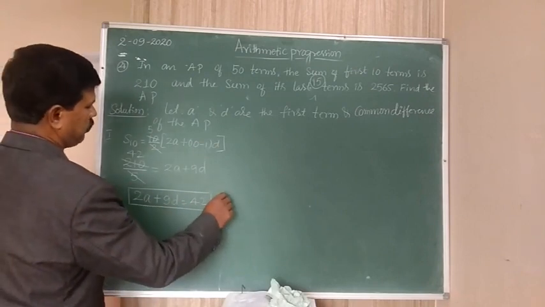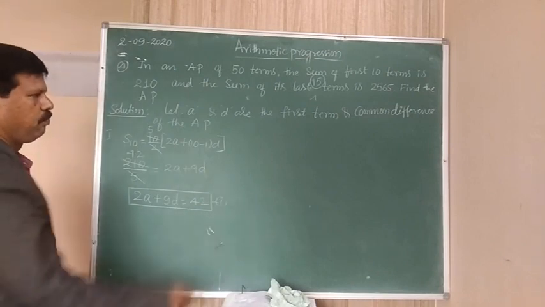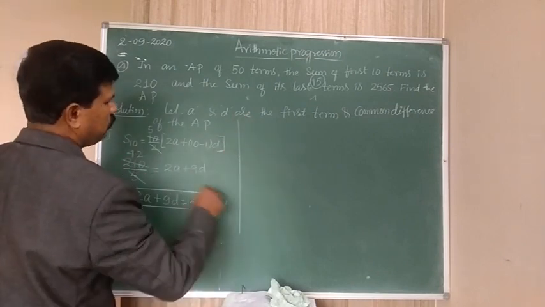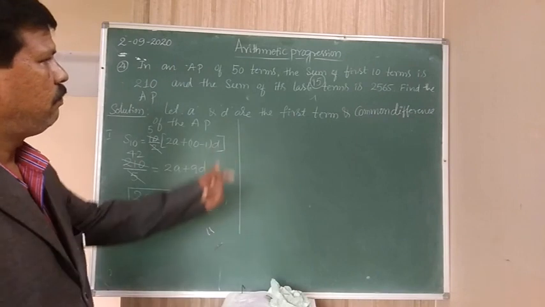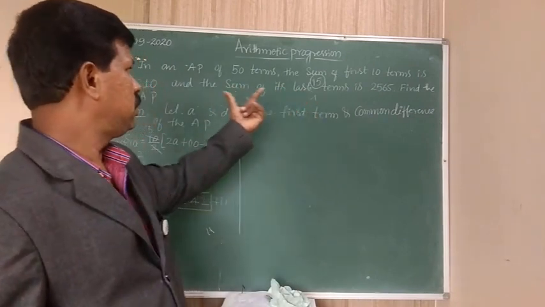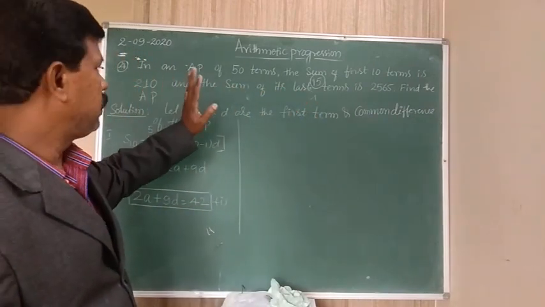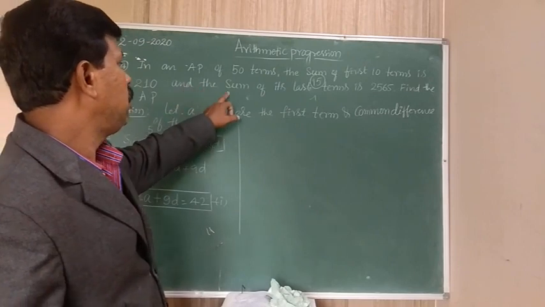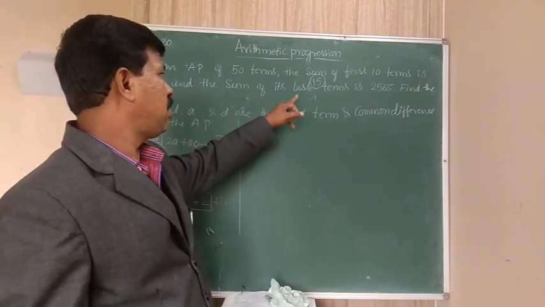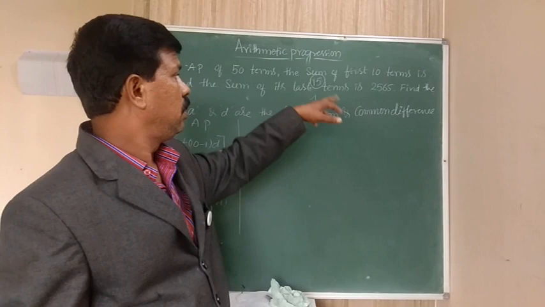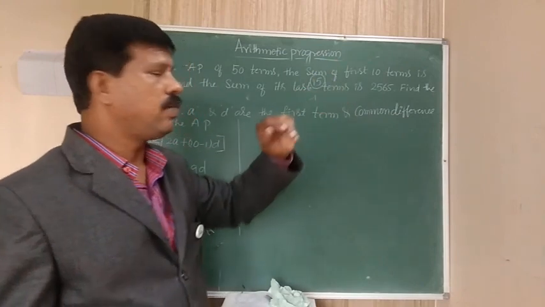So call this equation number 1. Now next, the first 10 terms sum is 210, leave it, and the sum of its last 15 terms is 2565.